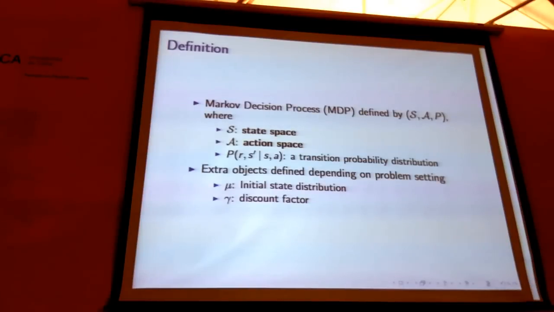That's just a real number between 0 and 1, and it tells you that you care less about stuff far in the future than near in the future. We're actually not going to talk about discount factors as part of the definition of the problem. We're going to talk about it as part of the algorithm, and it'll come in later.